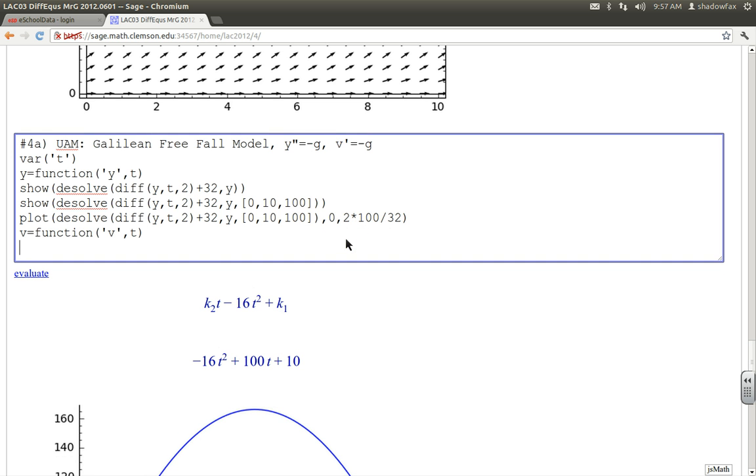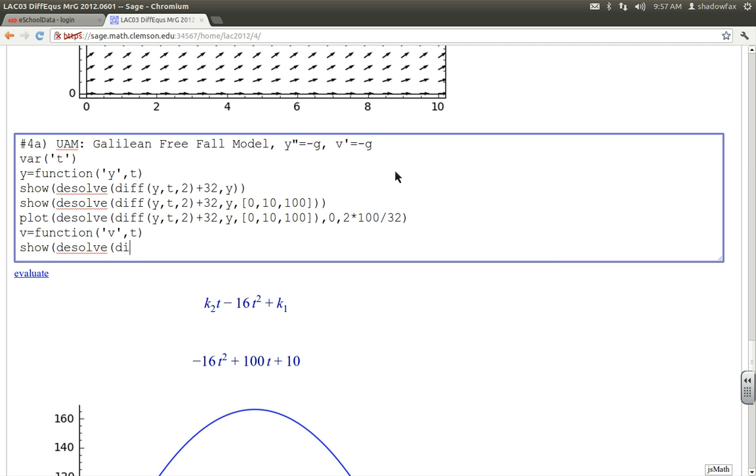Let's do another DE solve. All right. So where's my DE solve? So let's do a show of the DE solve. How do I write this in DE solve? Yeah, but it's not y right now. I called it v. All right.